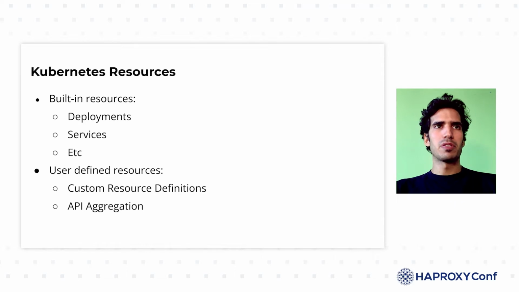So we have deployments, services, pods, and if these resources are not enough, or they don't describe the user's use cases, we can think about user-defined resources. And there we have two of them. We can choose custom resource definitions or API aggregation.